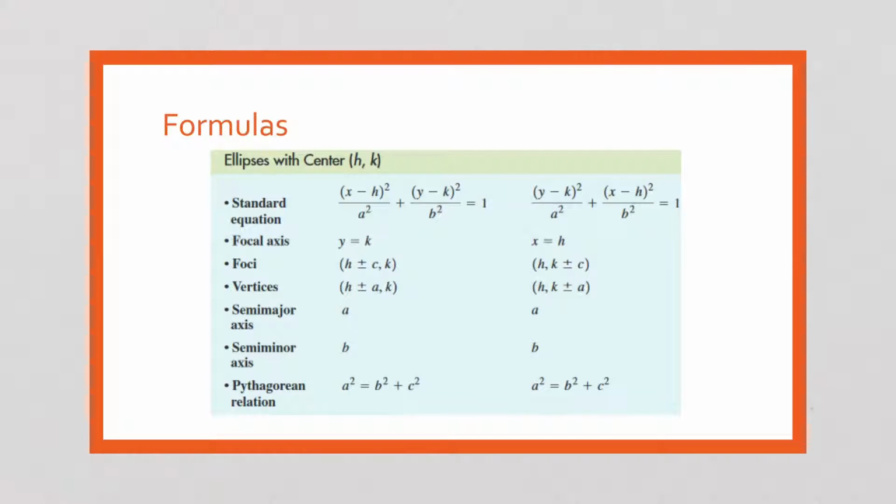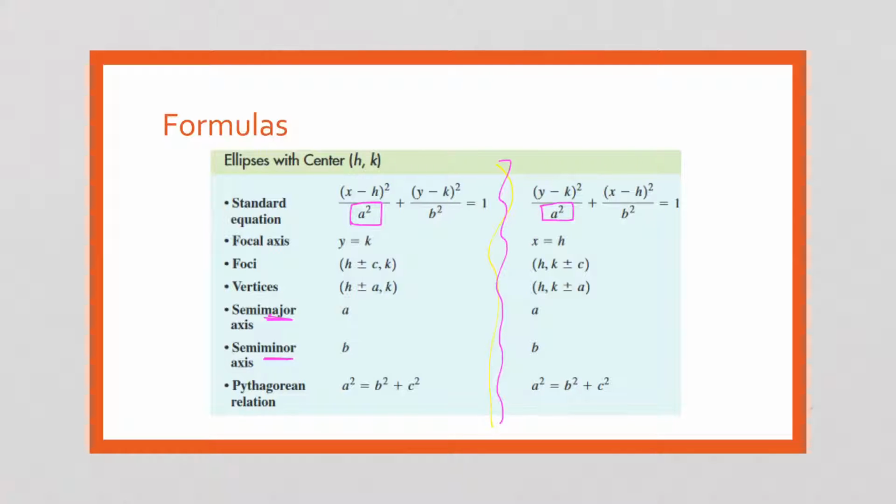And we've got formulas for ellipses. You can see here we're still squaring things, but now we have some other situations in common. One thing I want to point out is that for both x squared and y squared, a squared is below the x squared part. It's also below the y squared part. And so a is the semi-major axis and b is the semi-minor axis.